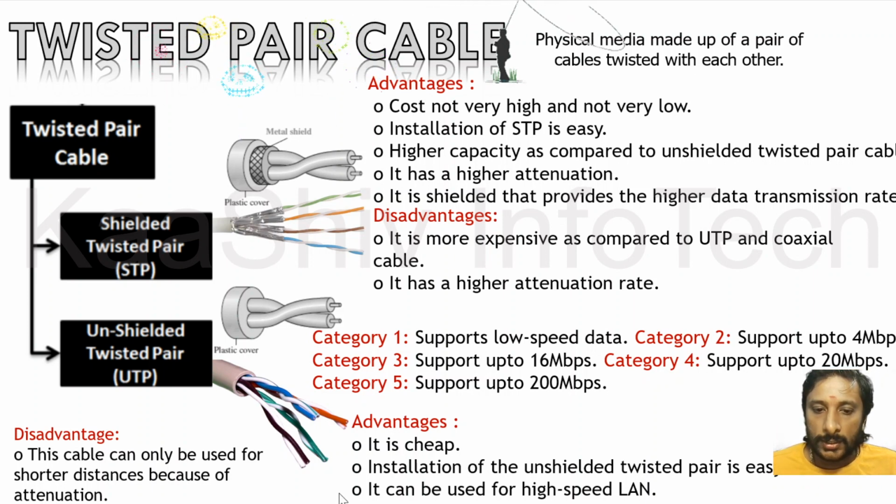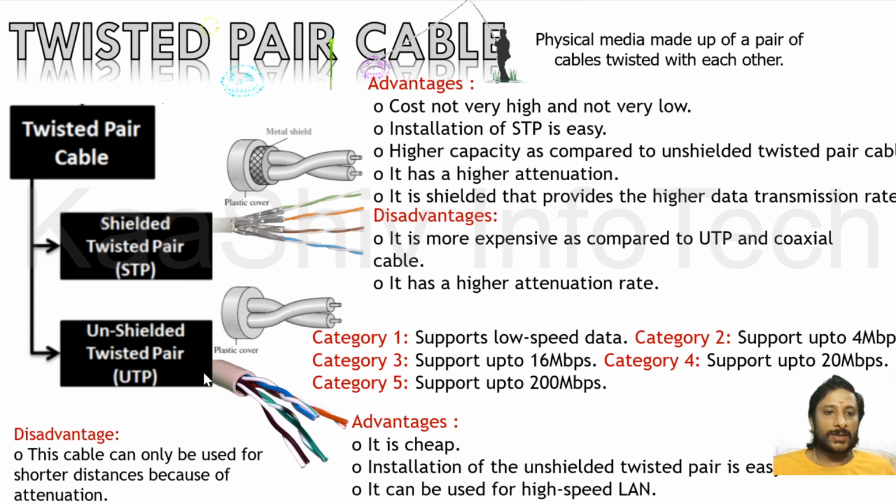If I cut this one, I can show you 8 wires inside it, and these wires are very, very important. The advantages and disadvantages I'm talking about are for shielded too. The cost is not high. Installation of STP is easy.